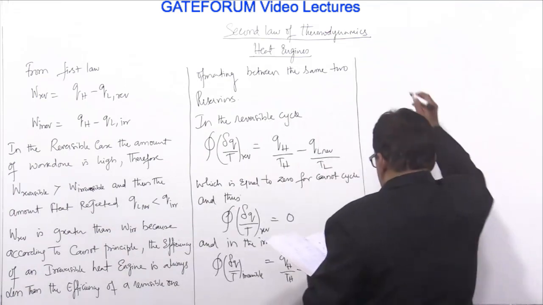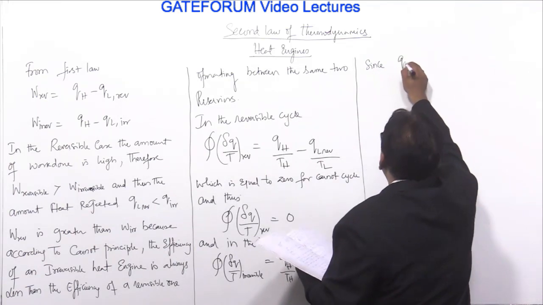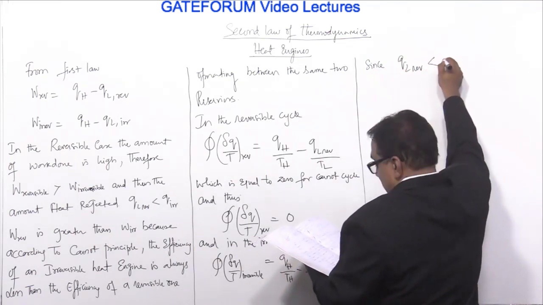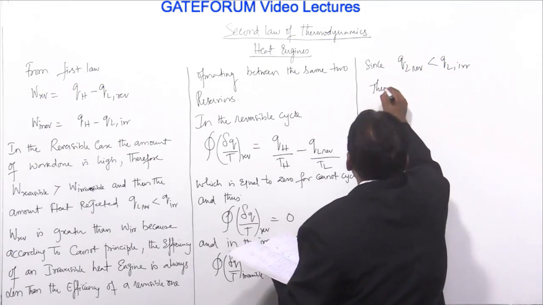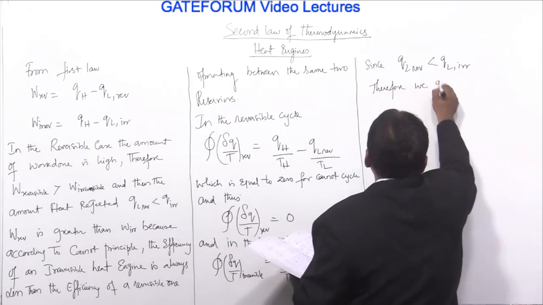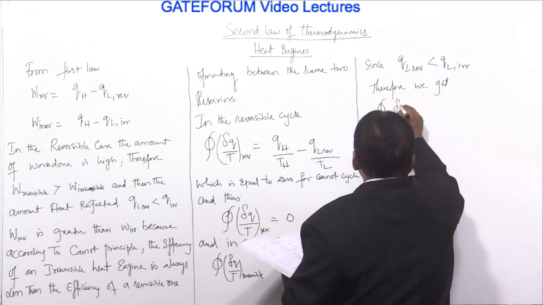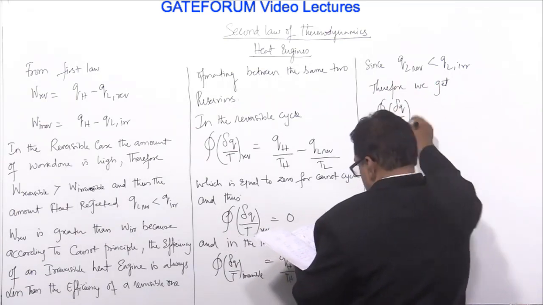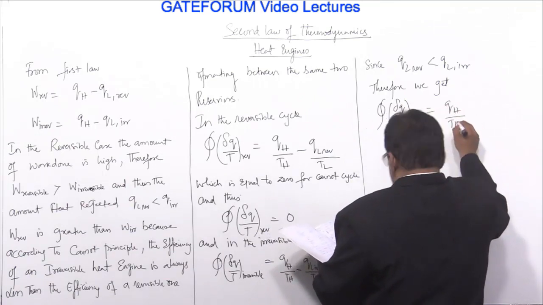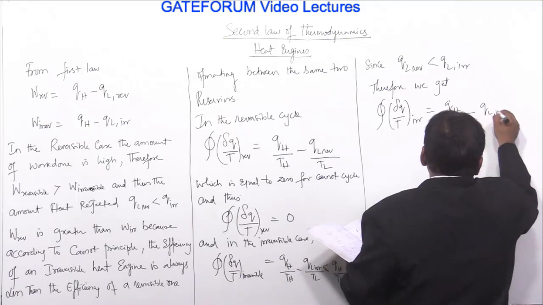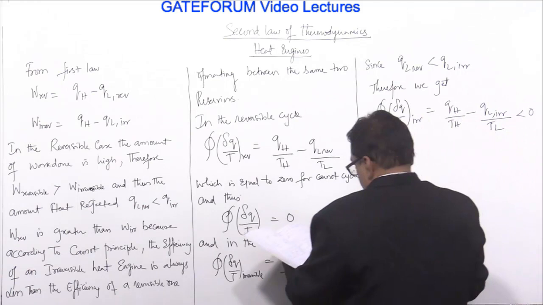So since QL reversible is less than QL irreversible, therefore we get cyclic dq by T irreversible equal to QH by TH minus QL irreversible by TL is less than 0.